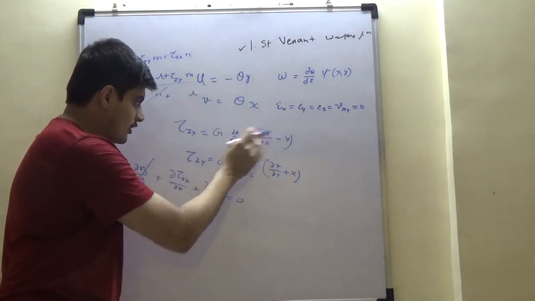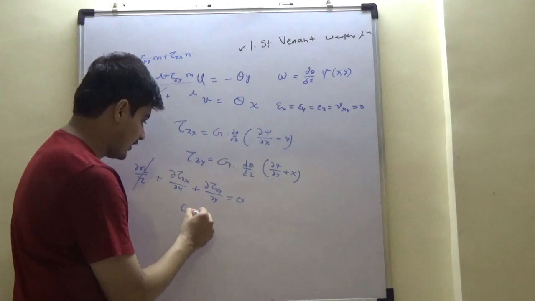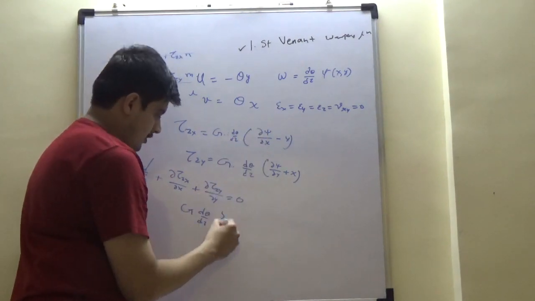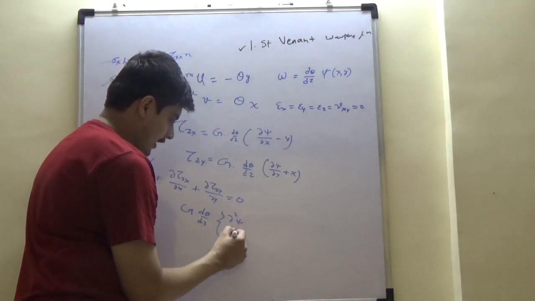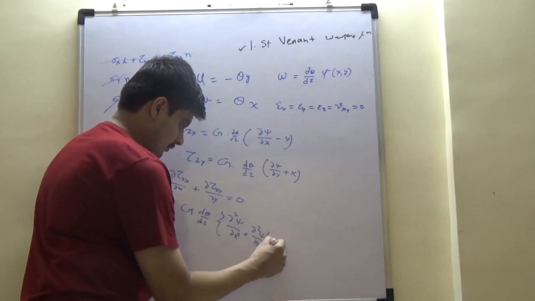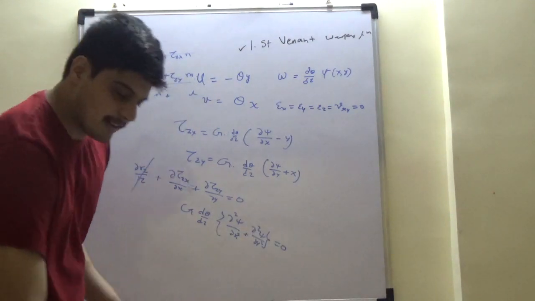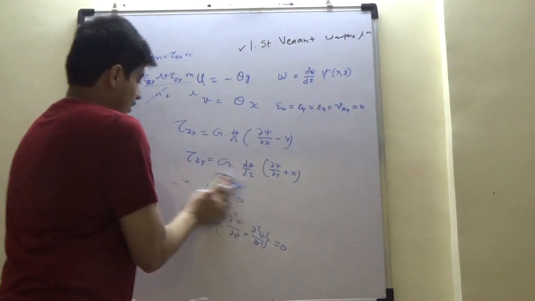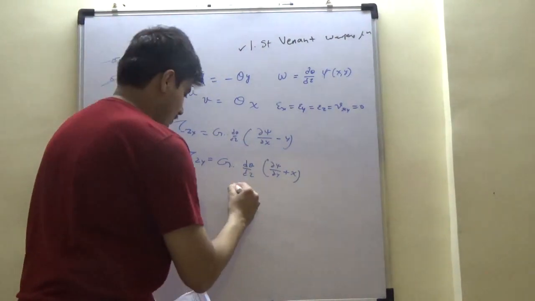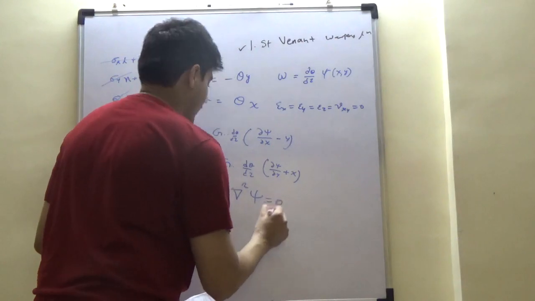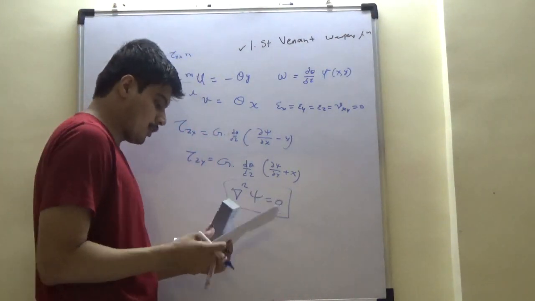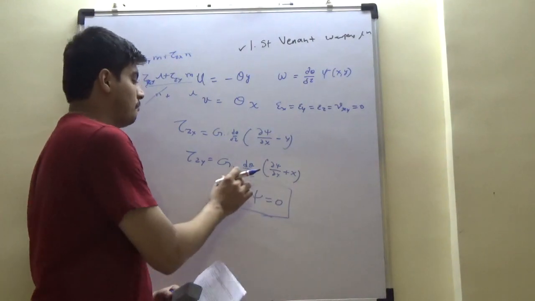Now, if we differentiate this further, G d theta by dz is going to be invariant, right? It's almost a constant. Since x and y will get eliminated, we have come up at an extremely important result, that this Saint-Venant's warping function satisfies the condition del square psi equal to 0. Poisson's equation, fantastic, because my life has become extremely simple.